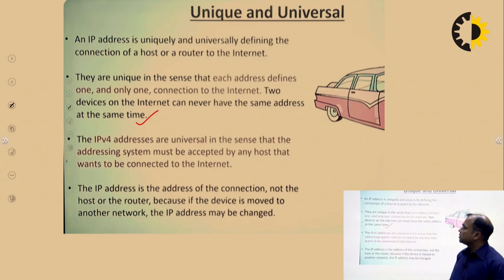IPv4 addresses are universal in the sense that the addressing system must be accepted by any host that wants to connect to the internet. The IP address is the address of a connection, not of the host or the router, because if the device is moved to another network, the IP address may change.